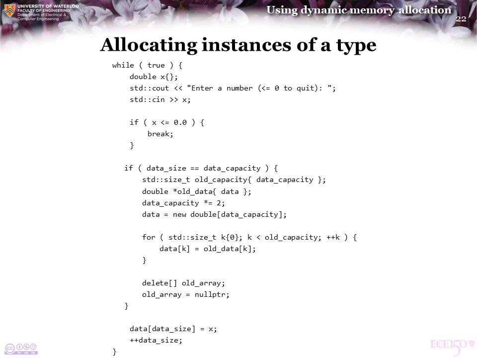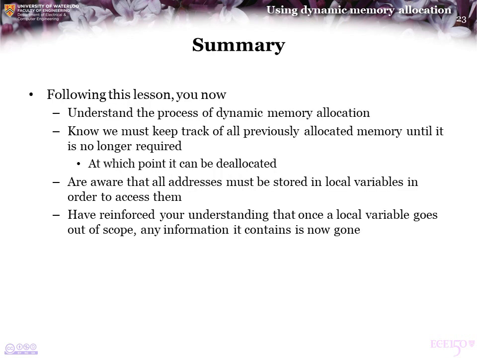Once that's done, we can just continue updating the data array as we've assigned data a new array that has larger capacity. All right, that's it. That is the entire program.